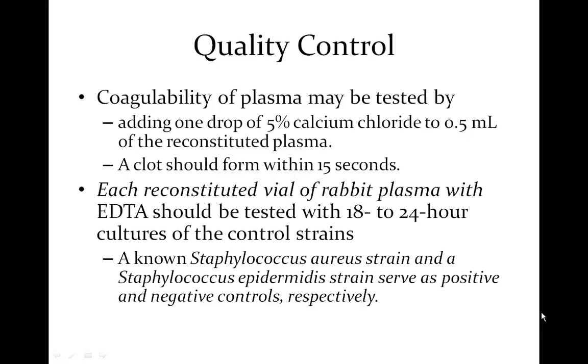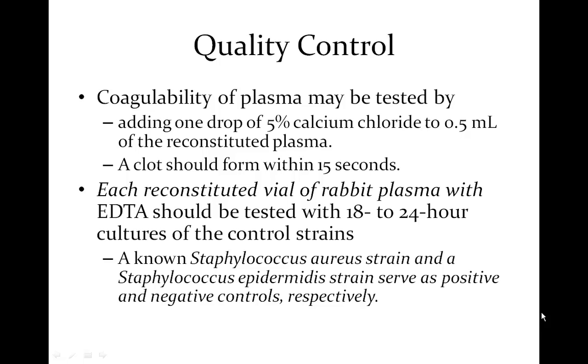We always have to perform quality control while doing a biochemical test. First, we have to check the quality of plasma, and that will be checked by the coagulability of plasma by adding 1 drop of 5% calcium chloride to 0.5 ml of reconstituted plasma.